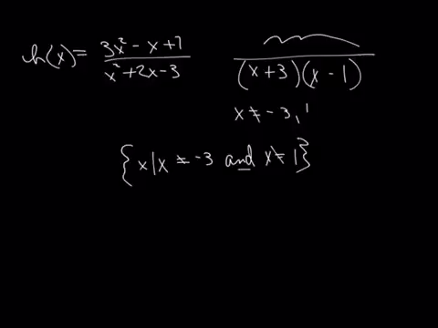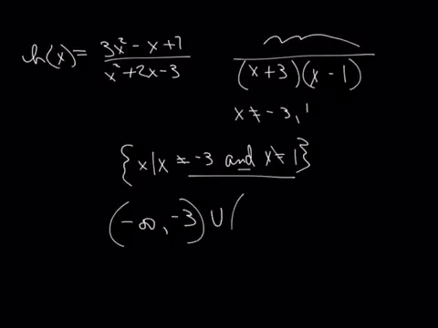Okay? If I were to write it in interval notation, I don't even remember the name of the way we write those, but if it can't be -3 or 1, it can be negative infinity up to and not including -3, from -3 to 1, but not including 1, and then from 1 to positive infinity.